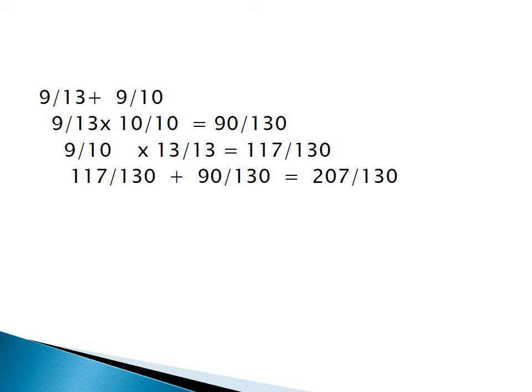Now add 117 plus 90. Answer is 207. We will not add the denominators. We will write the denominator only one time. While we are solving the fractions, only we will add the numerators. Denominator we will write only one time.